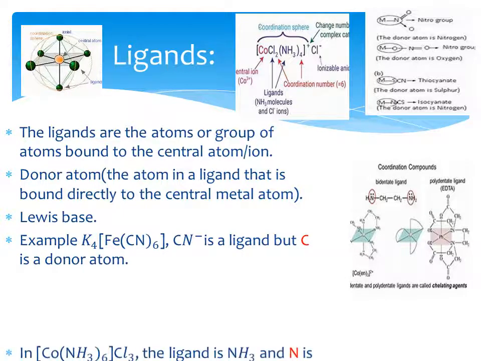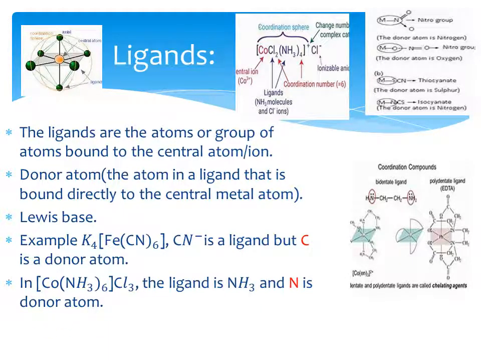Example, when we take K4[Fe(CN)6], the CN minus is a ligand, because this is the central metal ion Fe2+ and CN minus is a negative ligand. So CN minus is the ligand, but carbon is the donor atom. You can look at different things, like the nitro group, NO2.